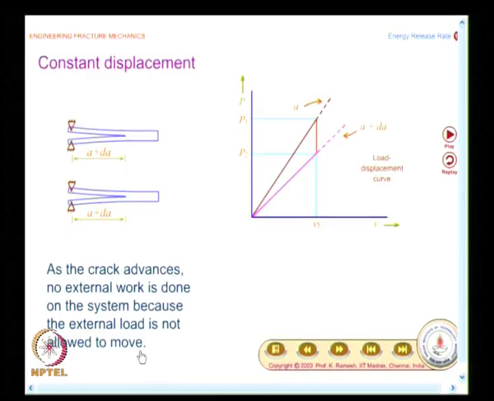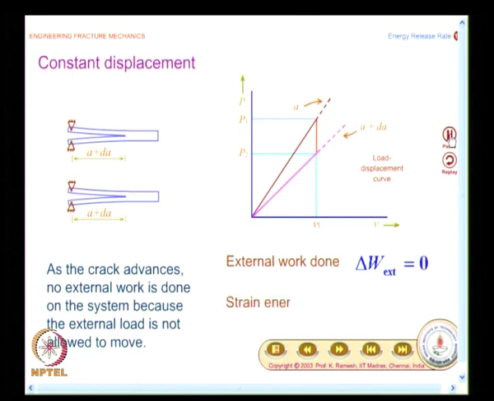So, there is no external work done in this case, and obviously you can look at the final triangle is this, initial triangle is much larger. So, what you find is that the strain energy decreases in this case.